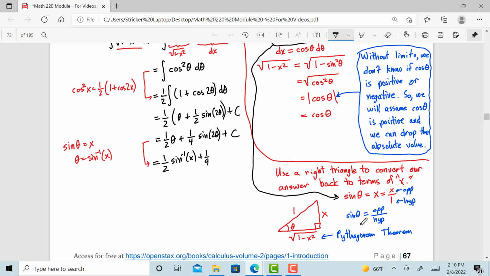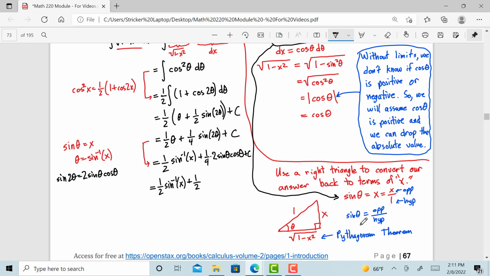There's a trig identity that says that the sine of 2 theta is equal to 2 times the sine of theta times the cosine of theta. And so we can rewrite this as 1/4 times 2 sine theta cosine theta plus c, which gives us 1/2 times the inverse sine of x, and 1/4 times 2 is 1/2.